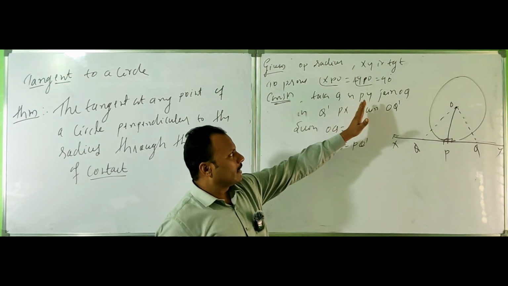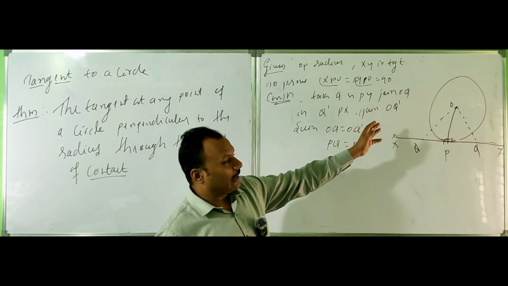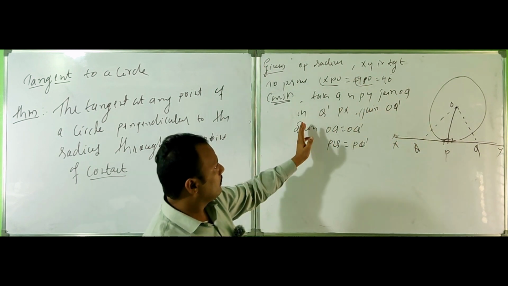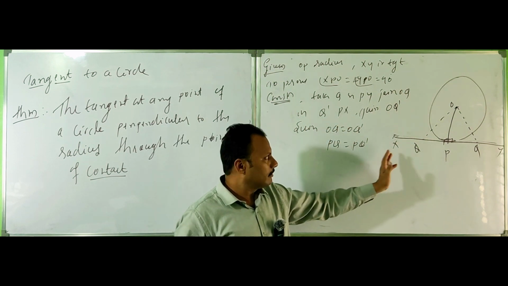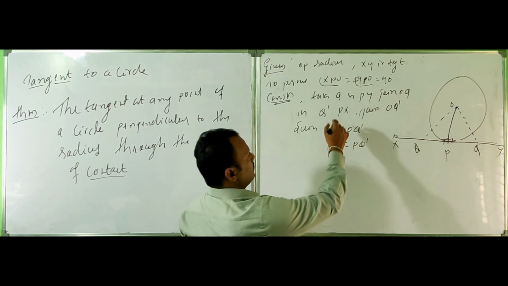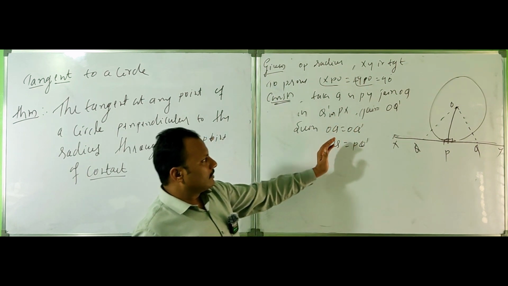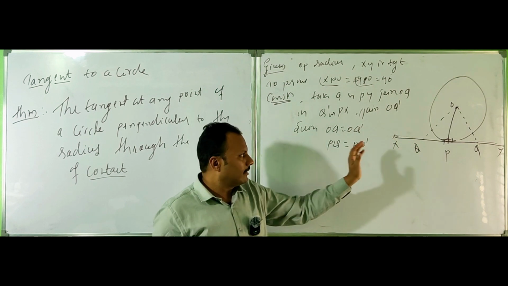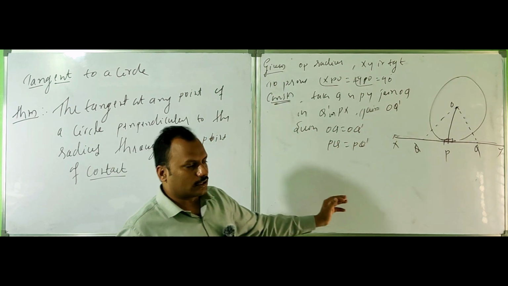Take Q on PY and join OQ, and similarly take Q dash on PX, join OQ dash, such that OQ is equal to OQ dash and PQ is equal to PQ dash. This is the construction you need to prove.